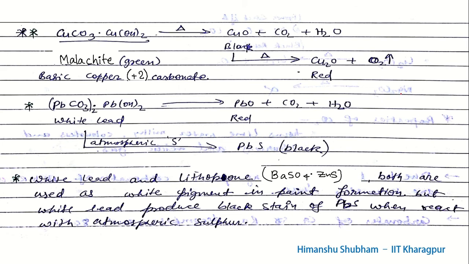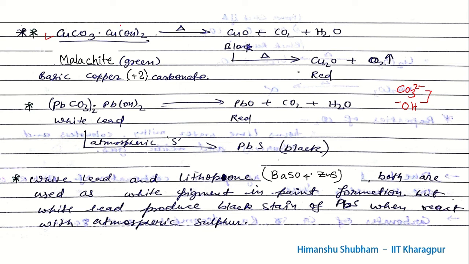Now that we have seen the decomposition product of two different kinds of compounds, one containing CO3 2−, that is carbonates, in the previous video, and one containing hydroxide in this video, let us look into the decomposition product of a compound which contains these two ions at the same time. The first compound here is CuCO3.Cu(OH)2, which is also called malachite or basic copper carbonate.